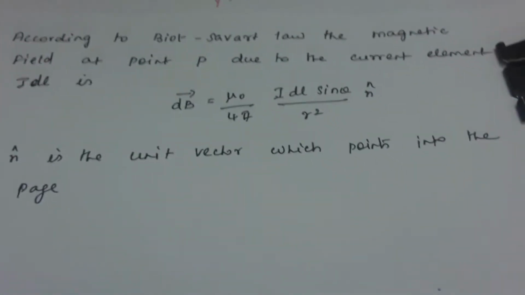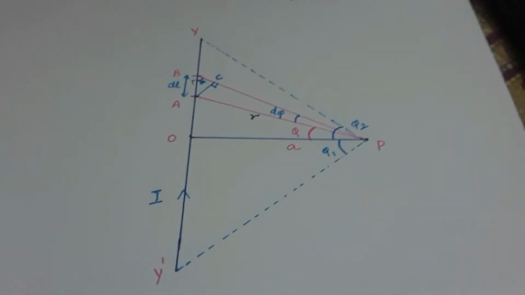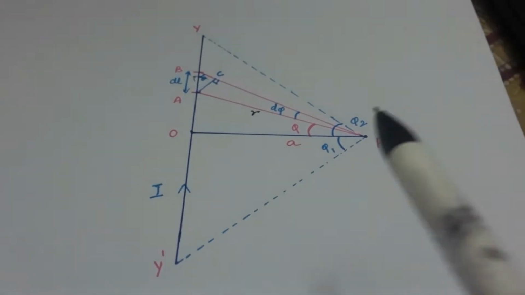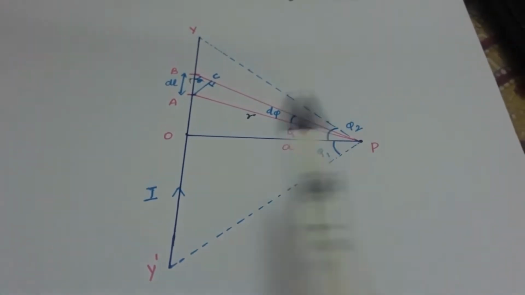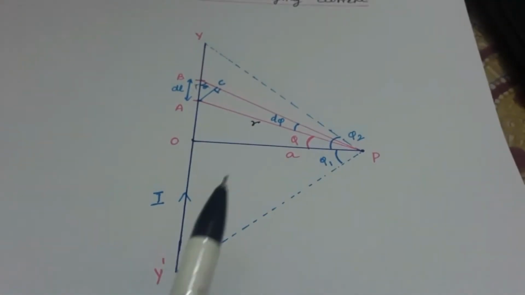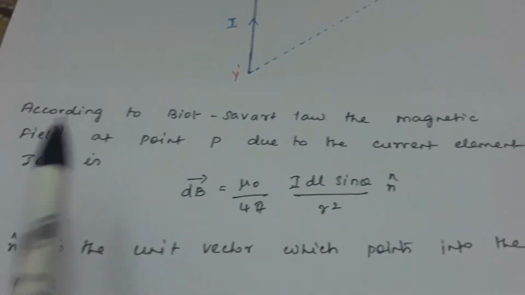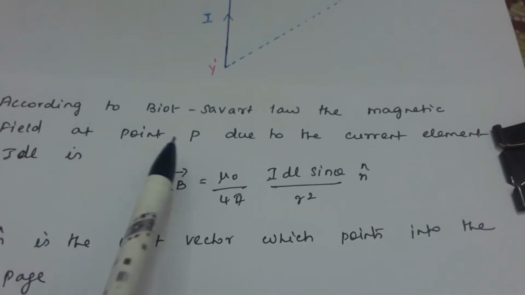Now we are going to find out the magnetic field at this point P. For that I am going to write the Biot-Savart law.